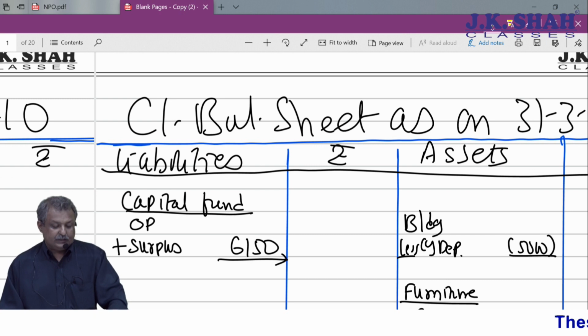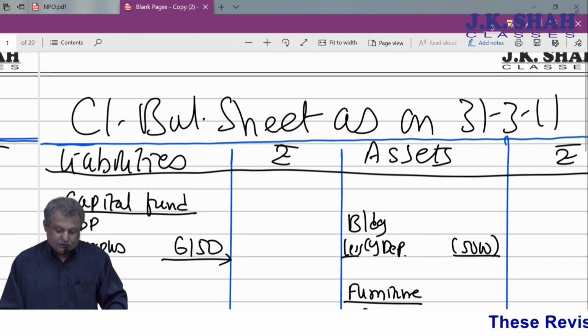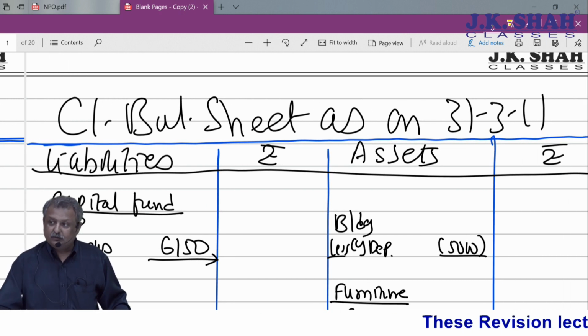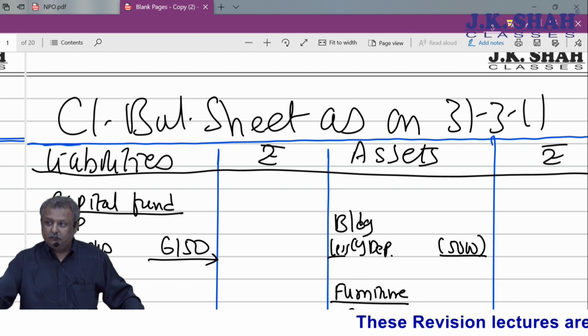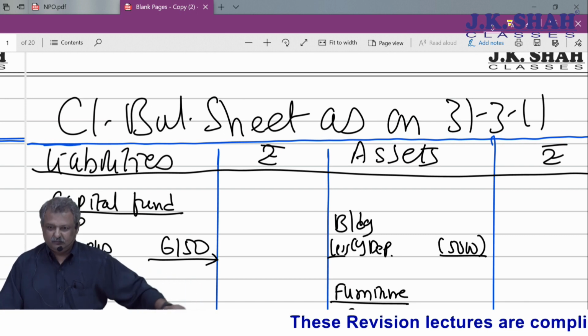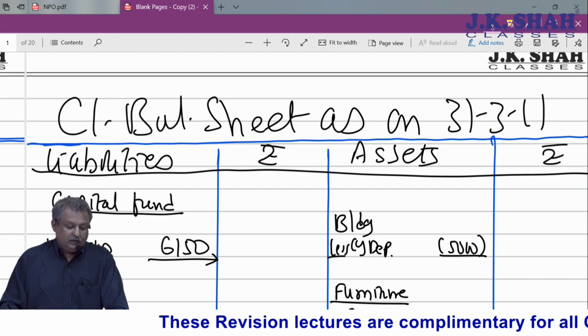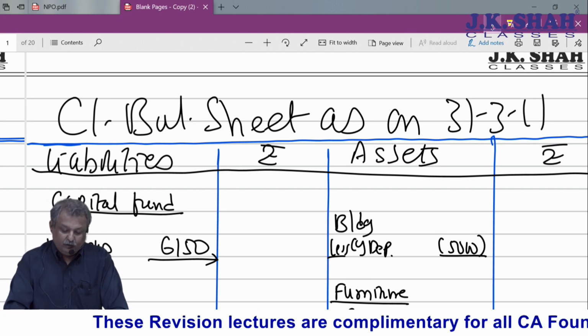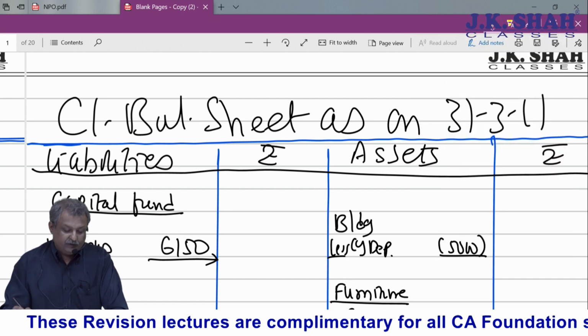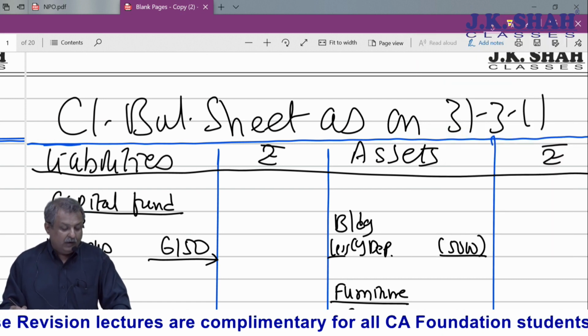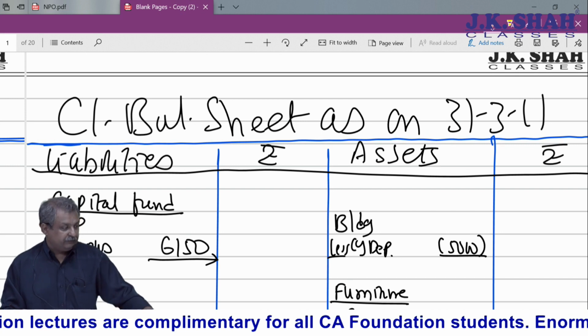Then next, depreciation of all assets. Depreciation of all assets has been worked out for the full year. Now this is a very important point. Building is 2.5.